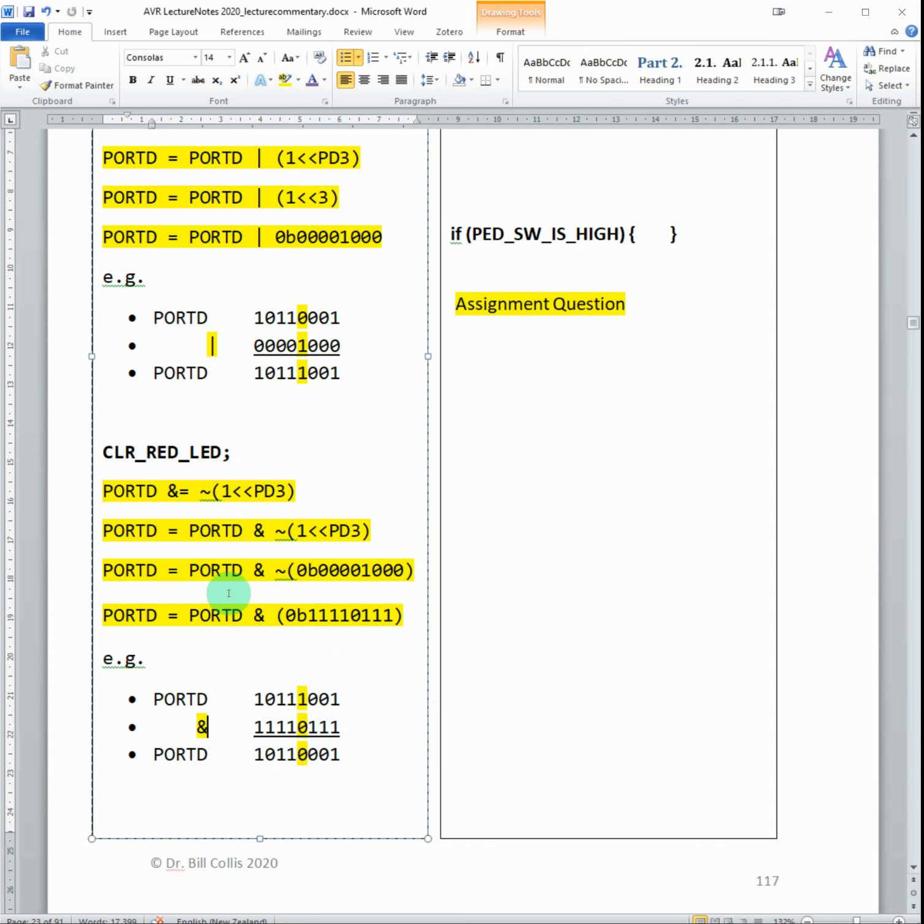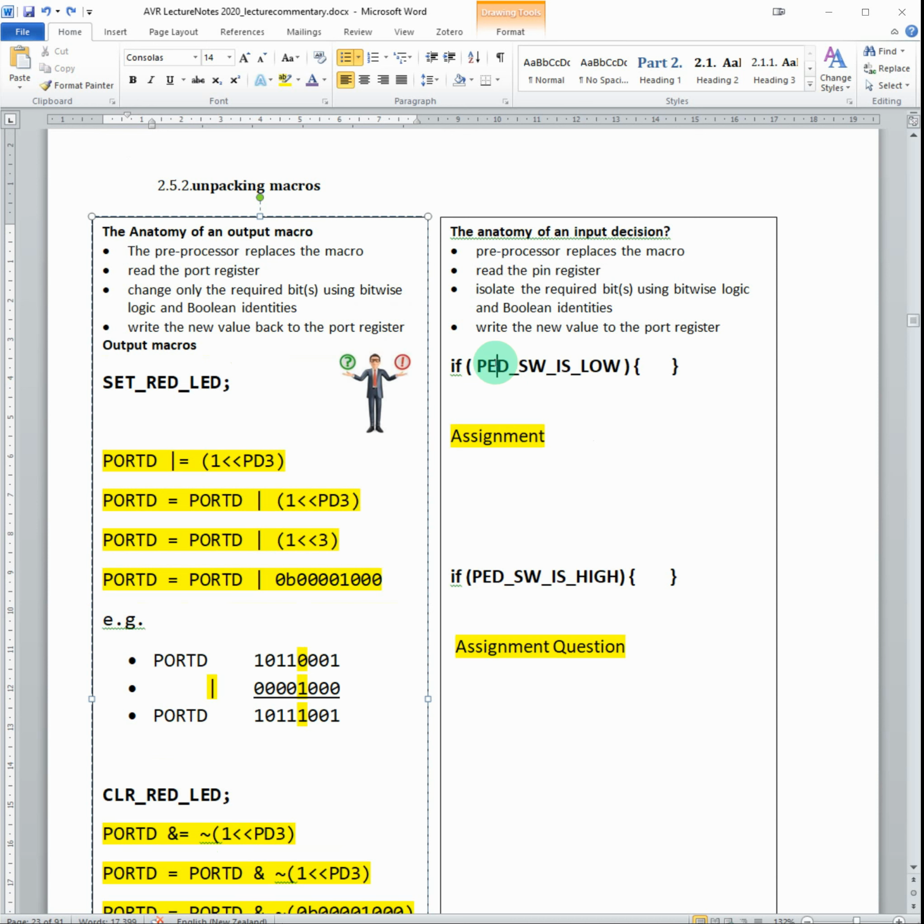I want to make it doubly clear here: this is the bitwise AND. It is not this, which is the logical AND, for doing ANDing of logic to see whether a variable has got a true or false value. So we're doing it bitwise, bit by bit. Now we've also got this, the if the pedestrian switch is low.